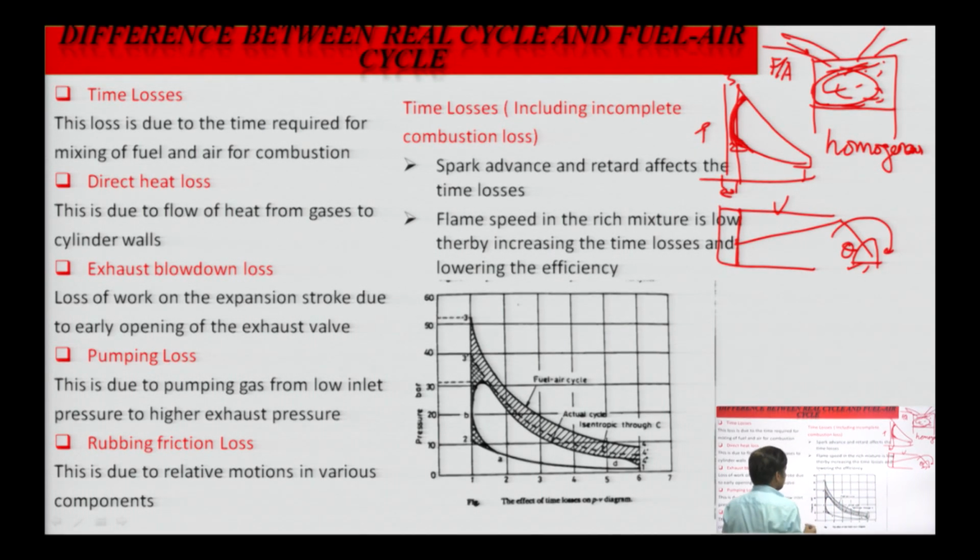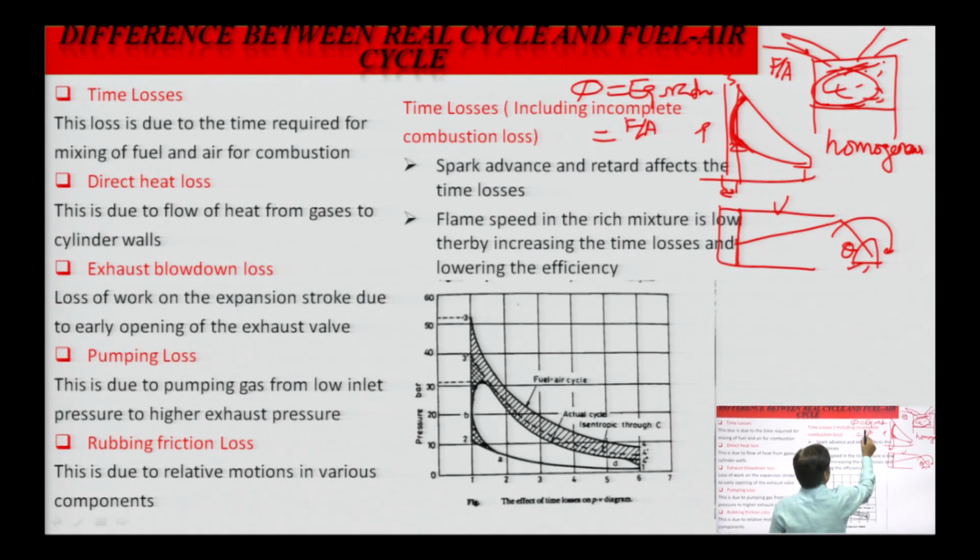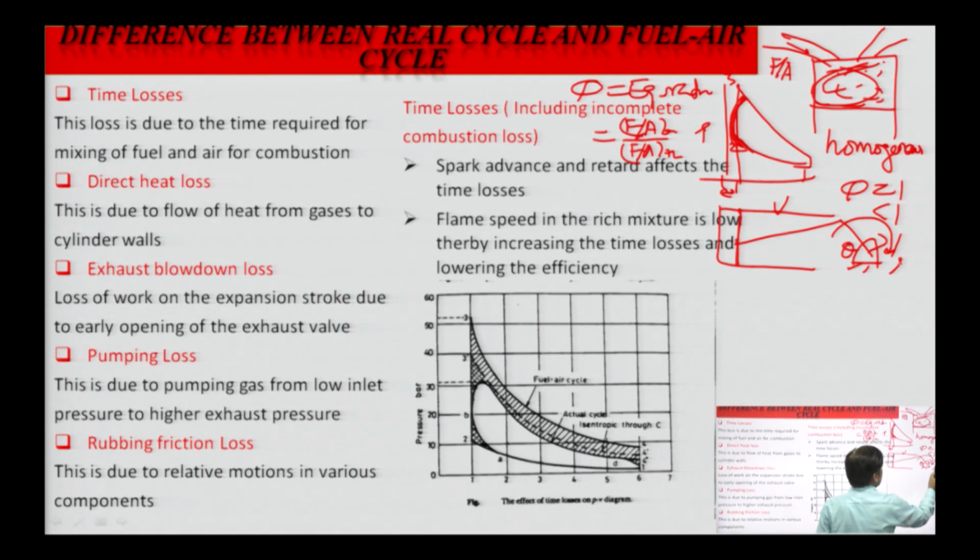This mixture is represented by a term called equivalence ratio. What is equivalence ratio? It is the ratio of the fuel air ratio actually used to the fuel air ratio theoretically, stoichiometrically or chemically correct. If the value of phi is 1, then it is chemically correct; if less than 1, a lean mixture; if greater than 1, a rich mixture.